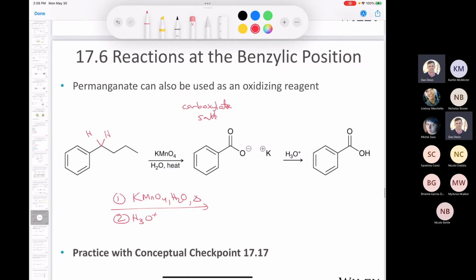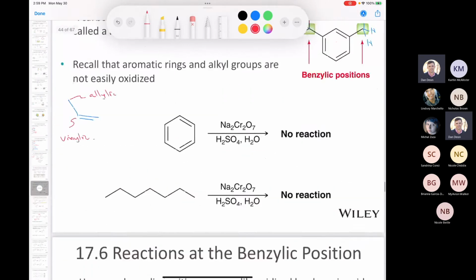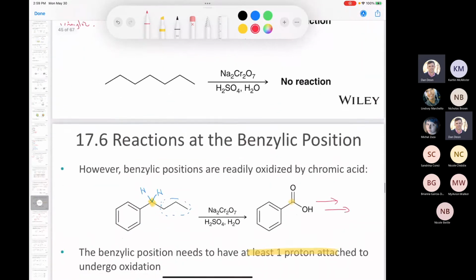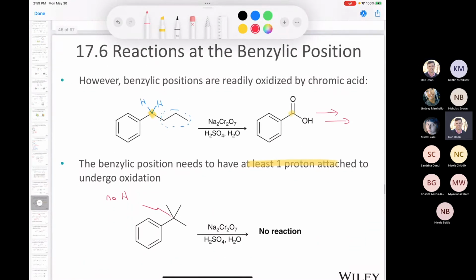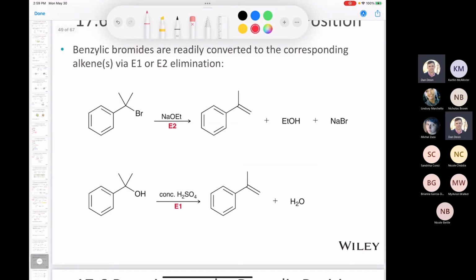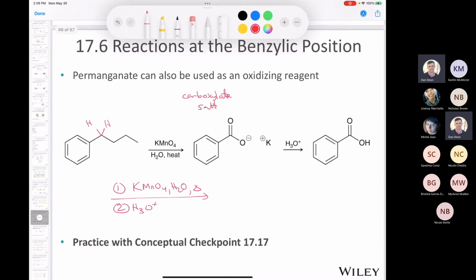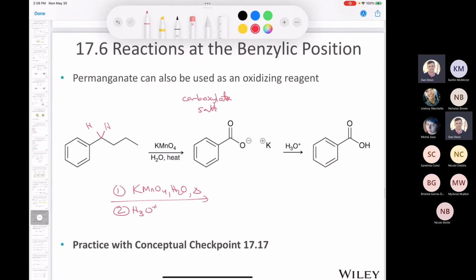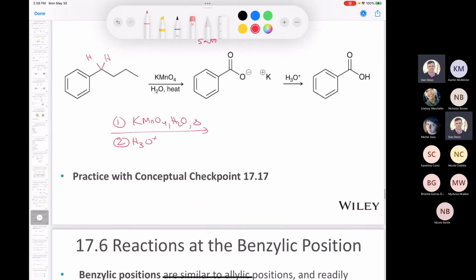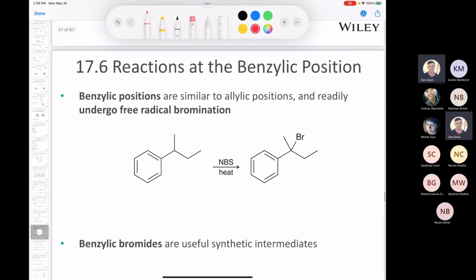So we call this, again, benzylic oxidation. Very cool chemistry. You can do it in acid, or you can do it as two steps with potassium permanganate in the first step, and then aqueous acid in the second step.